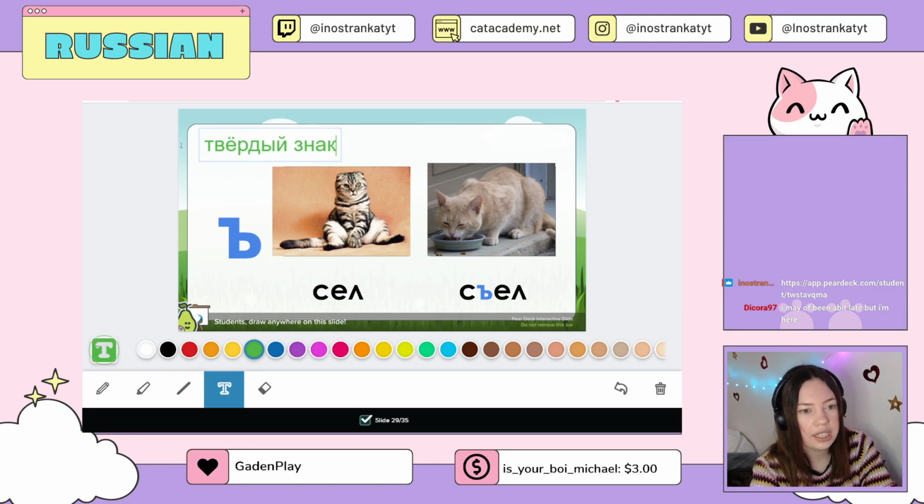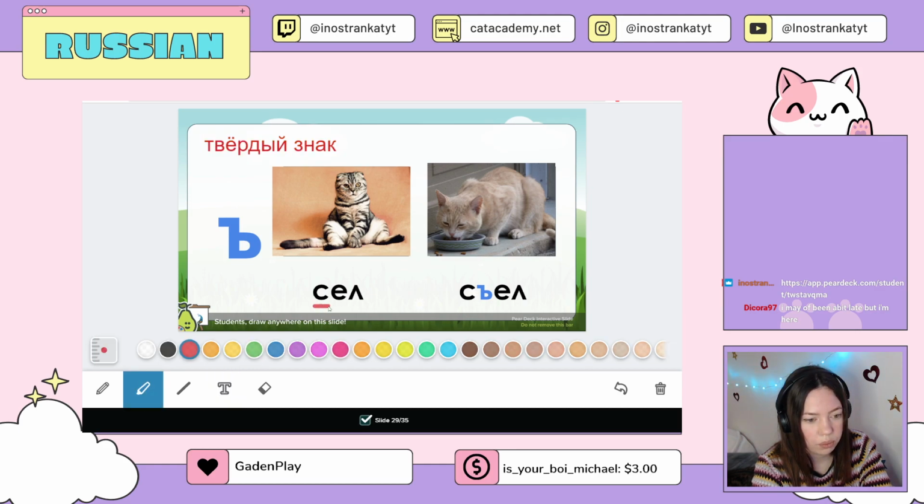If we translate it, it will be hard symbol. A symbol that shows us that we should pronounce the letter not softly. That's it. As an example, we have pictures of two cats, right? On the first picture, we see there is almost the same spelling.